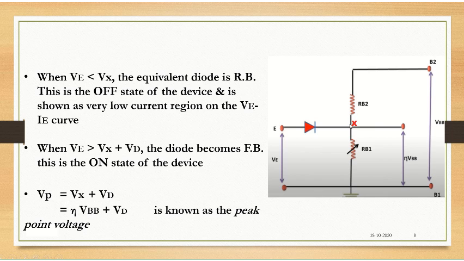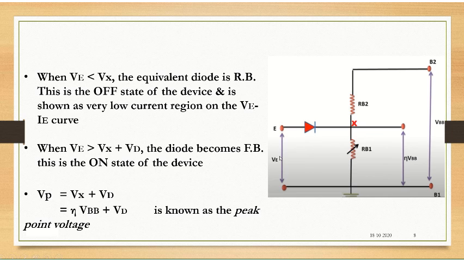There is a potential drop across this RB1, which we call Vx. So if VE is less than Vx, then this diode will be in reverse bias and does not conduct. That means there is no current flowing through. So that is the off condition of the UJT.